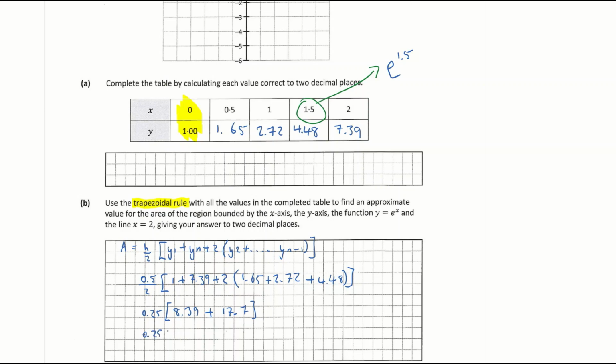So that's 0.25 times 26.09. When I multiply 26.09 by a quarter on my calculator, I'm getting 6.52 square units. And that's the area under the curve using the trapezoidal rule.